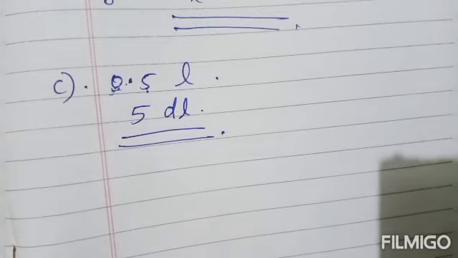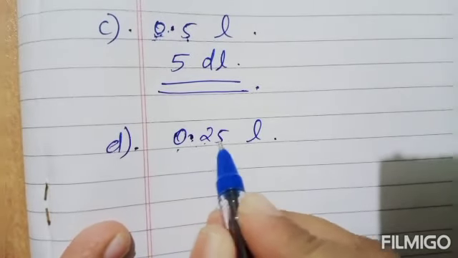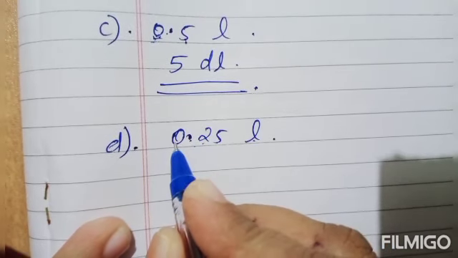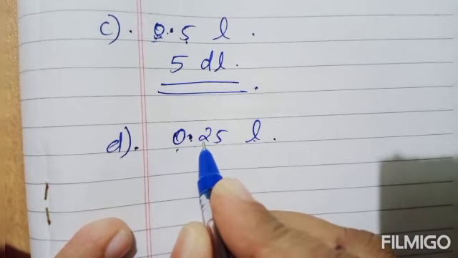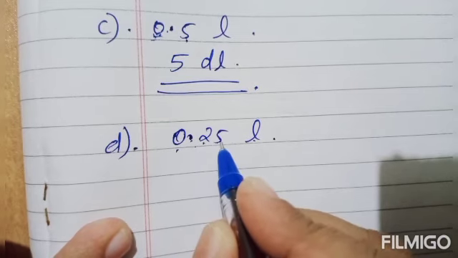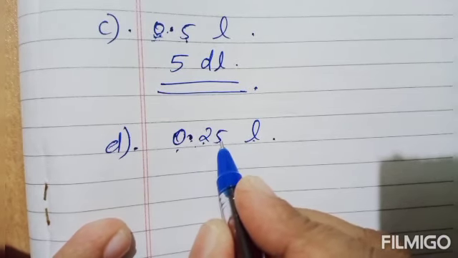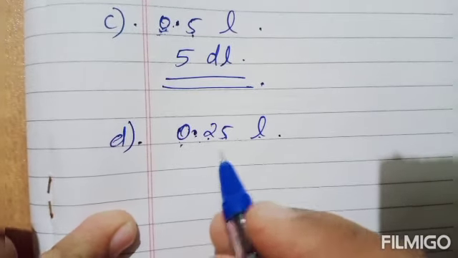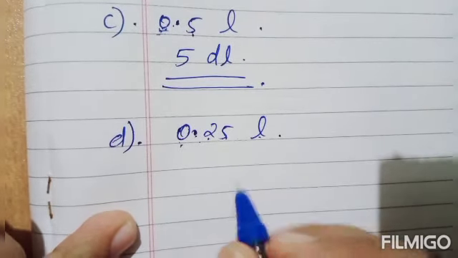Next D, 0.25 liter. So you know before the decimal point it is liter, 10th place it is deciliter, 100th place it is centiliter. Before the decimal point 0 is coming. So 0 liter, no need to write that.